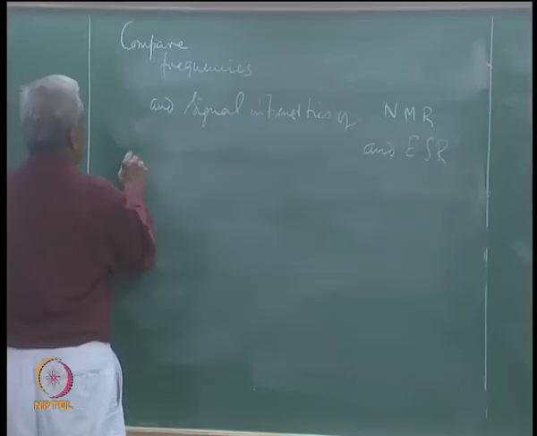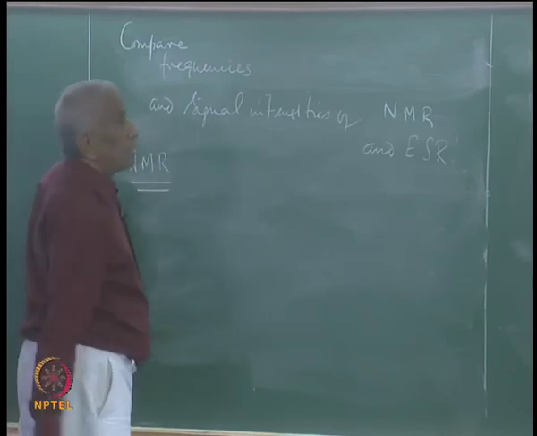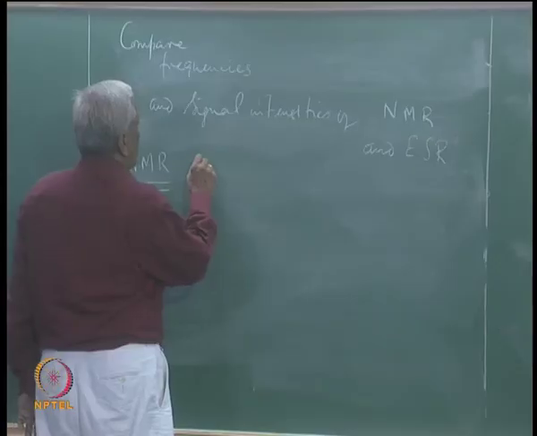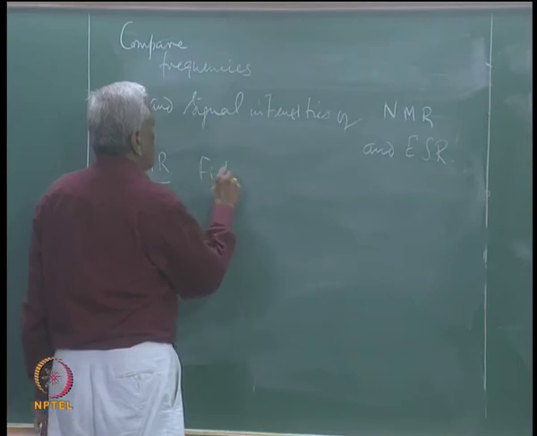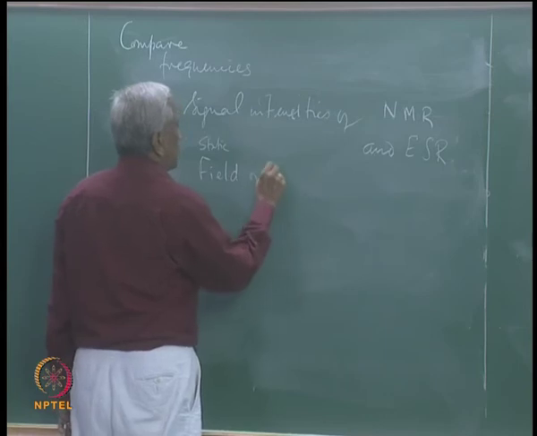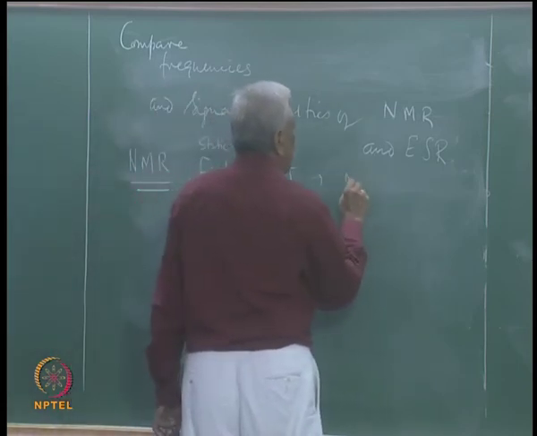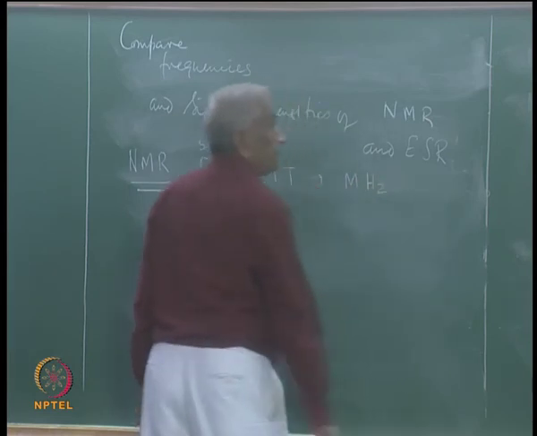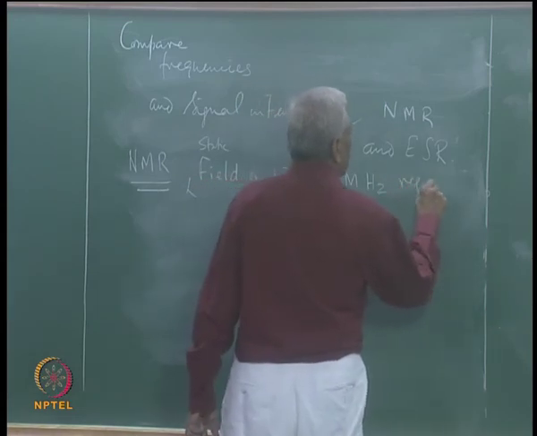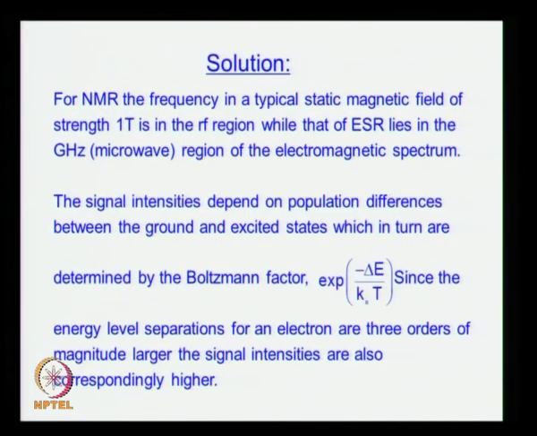In the case of NMR, we know from the magnetogyric ratio of nuclei that for a static field of 1 Tesla, the frequency is somewhere in the megahertz region, 42.5 megahertz for example, for protons.